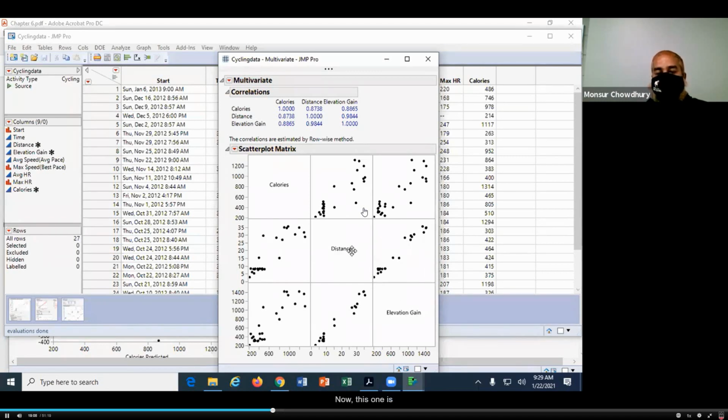This one is another scatter plot of the response variable versus predictor. But what about this one? This is the scatter plot of the distance versus the elevation gain. You can see that they are highly correlated and the points are very close to each other. So this is the first thing that we need to check at the very beginning.